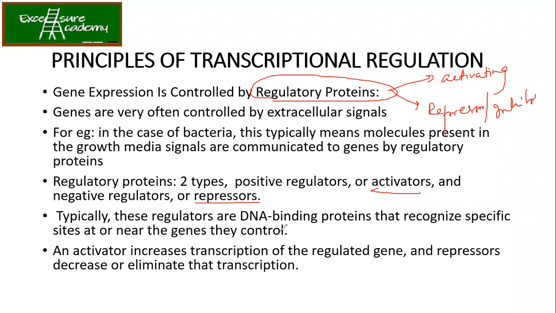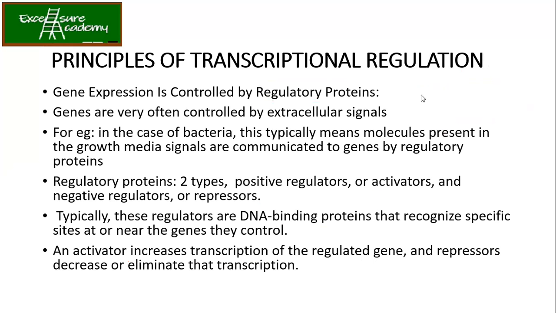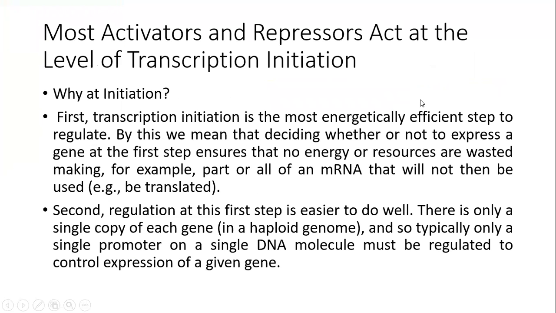Typically these regulators are DNA binding proteins which recognize specific sites on or near the genes they control. Now the activator is going to increase the transcription rate, whereas the repressor is going to decrease the transcription rate. This is really interesting once we come to the lac operon and how this is happening, because there are cis and trans ways by which the activator and repressors are either inhibiting or activating.